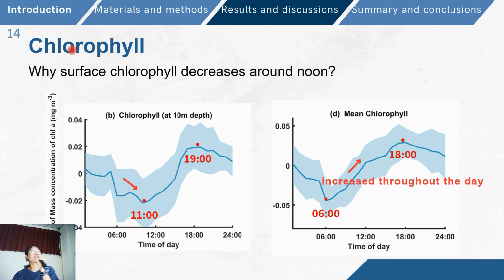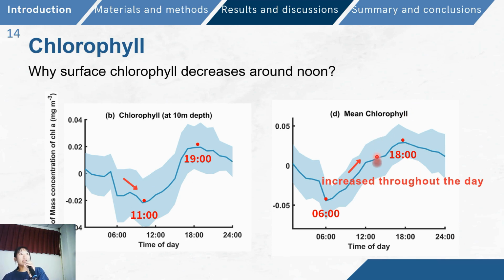And now we look at the chlorophyll. We want to know why surface chlorophyll decreases around noon. So we use two pictures: chlorophyll at 10-meter depth, and the mean chlorophyll, which is averaged from 0 to 80 meters.